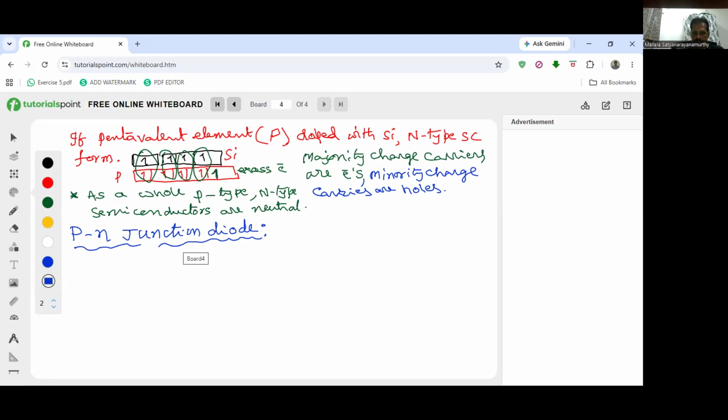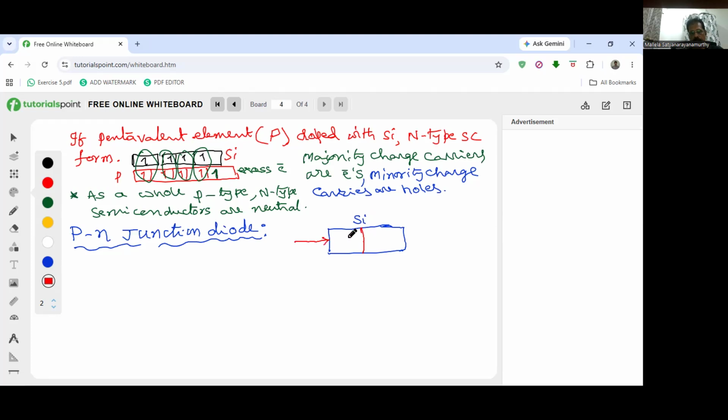Take germanium or silicon. Generally, silicon is preferred over germanium because of its high thermal stability.